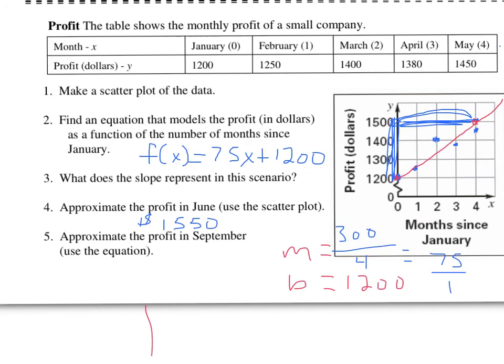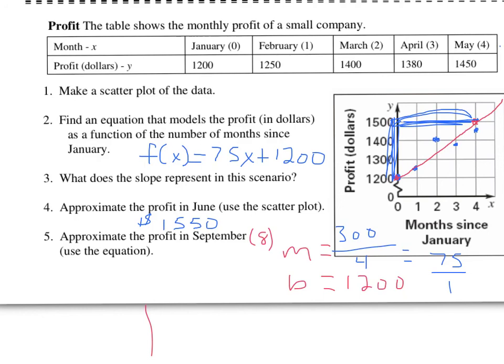Okay, approximate the profit in September. So I could continue the pattern on the table, or I could substitute the number that would represent September. So if June was the 5th month since January, July would be the 6th, August would be the 7th, September would be the 8th. So our x value for September would be 8. Okay.